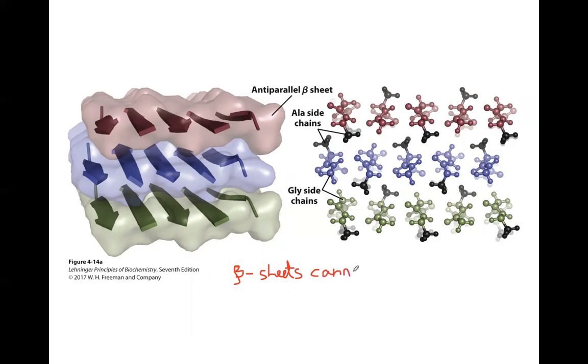If you take a spider web and try to stretch it, at some point it will simply break, but you will not be able to stretch it, because it's in a fully extended conformation.